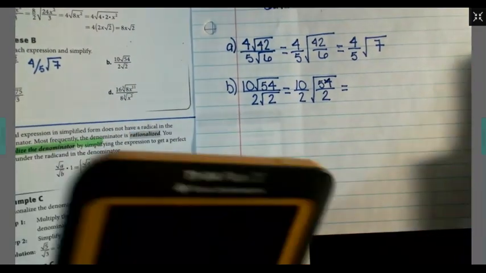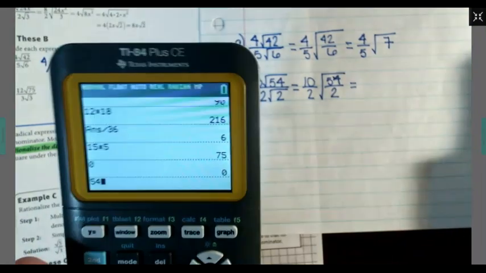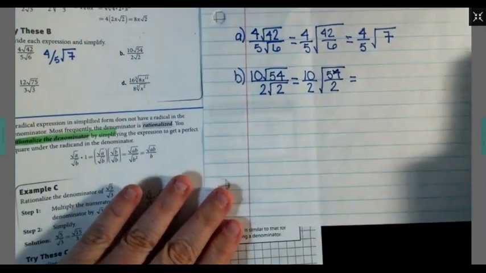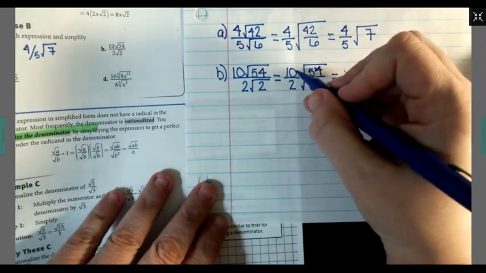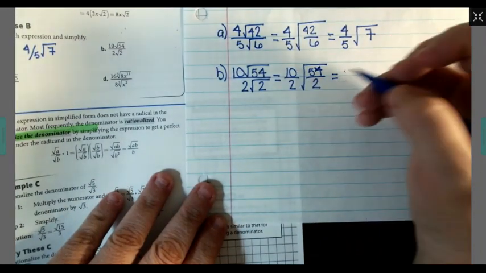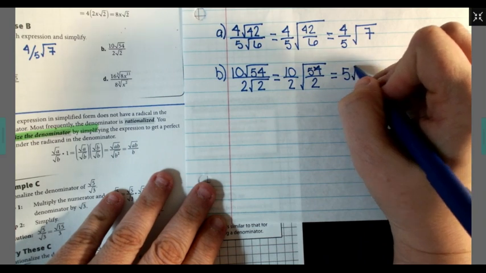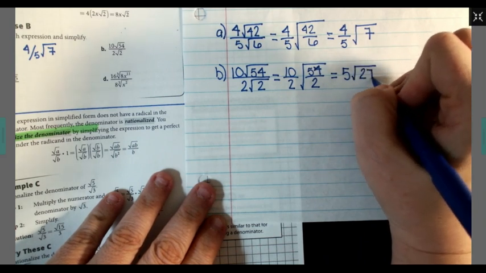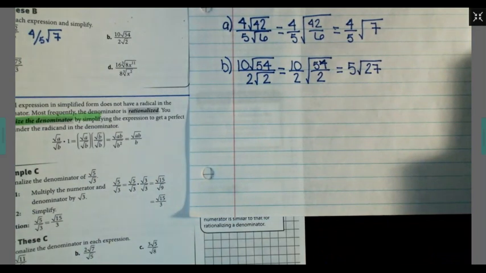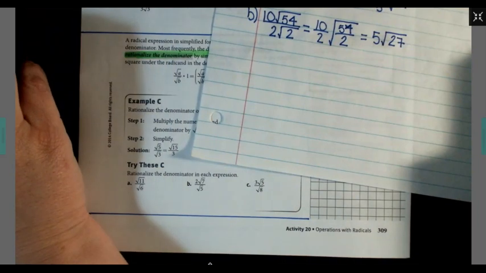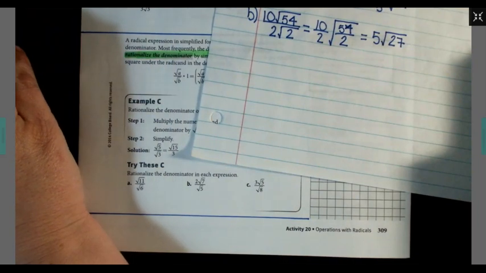Now, 54 divided by 2 should be 27. It is indeed 27. What is 10 divided by 2? 5. And we have the square root of 27. However, 27 can be broken down into a perfect square.